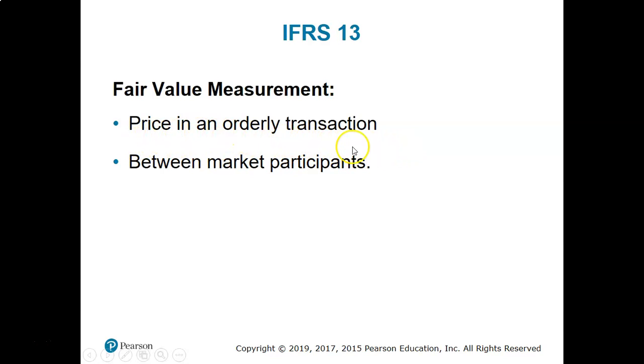In an orderly transaction, the buyer and the seller should be independent, between market participants, not by themselves. The transaction should be between two independent market participants. This is what should be recognized as the fair value. It should be fair, it should be independent.